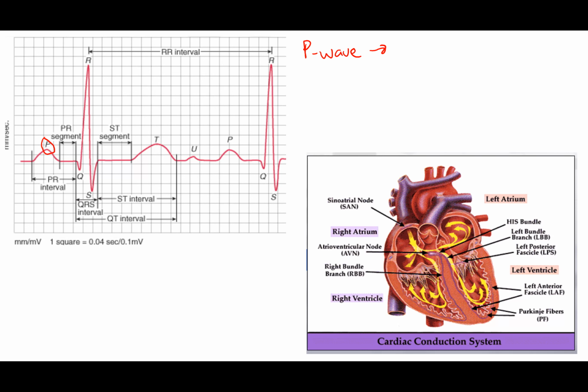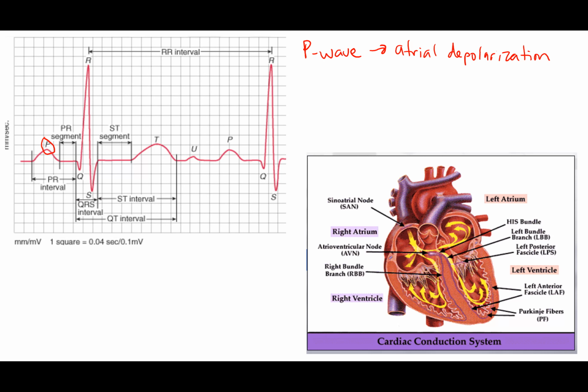So electrically, the P wave represents atrial depolarization. If you remember from physiology, depolarization is when the electrical content of the individual contractile cells of the heart changes, and that change in electricity, caused by an influx of calcium ions, actually causes contraction of the muscle. So that's atrial depolarization. That's that first bump.